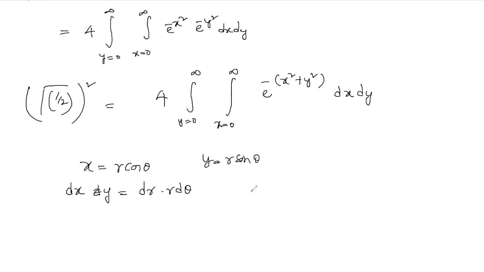Now r varies from 0 to infinity, while theta varies from 0 to pi by 2. So let us substitute it.